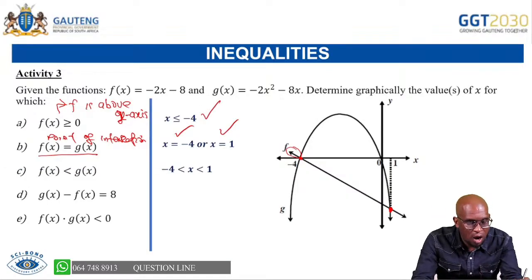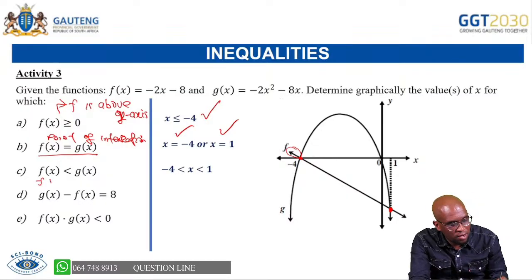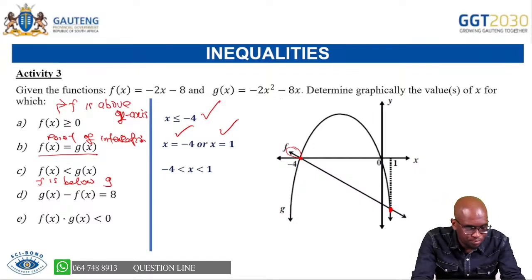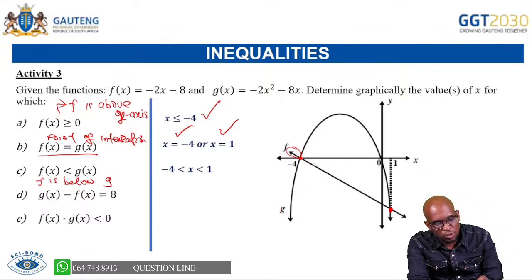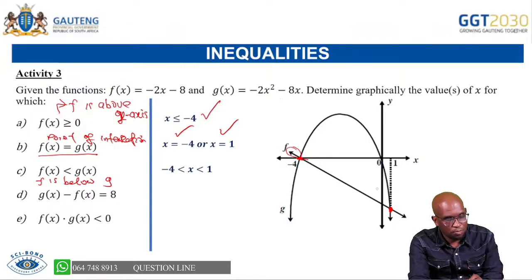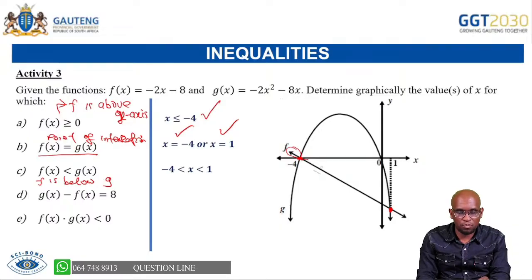And then from there, f of x is less than g of x. So you are looking at a region where f is below g. F is below g, and f is a straight line. So the straight line is below here. If you check between the points of intersection, you can see that the straight line is below.